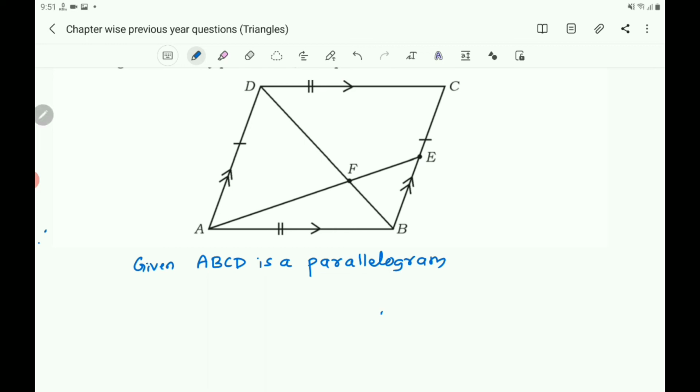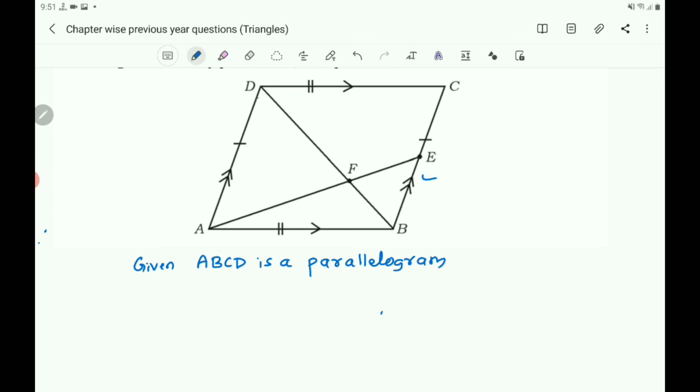Here you know that DB is the diagonal and it becomes the transversal of the parallel lines, and AE also becomes the transversal of the parallel lines. This is parallel to this, and this becomes the transversal of AB parallel to CD, and AE becomes the transversal of AD parallel to CB. With the help of that you can say that the alternate angles made by the transversal of parallel lines are equal.